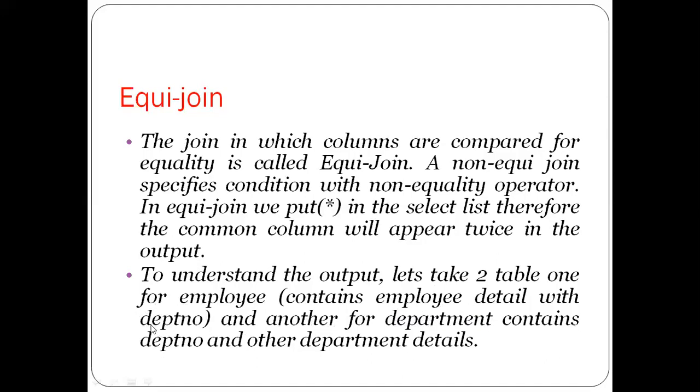See here, in this table it is a primary key, and in the other table its value is derived from this table's column, so it becomes a foreign key. Its value is not its own, it is derived from the first table, so it becomes a foreign key. So we have to check that both values match, the department number from the first table and the second table.